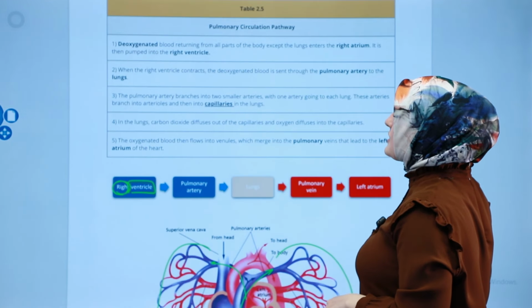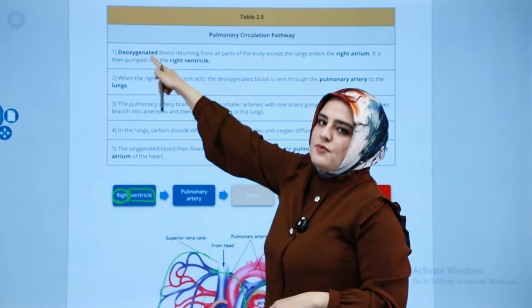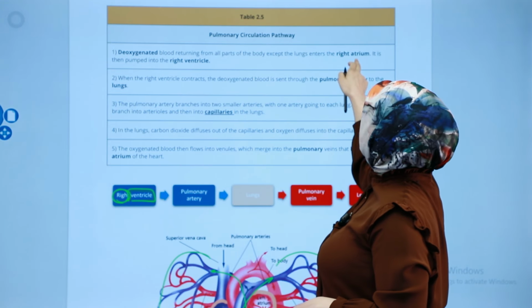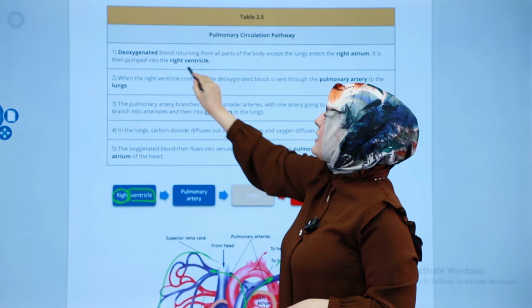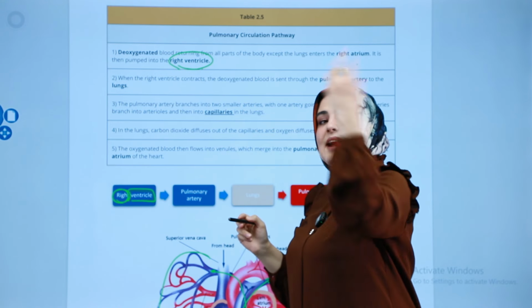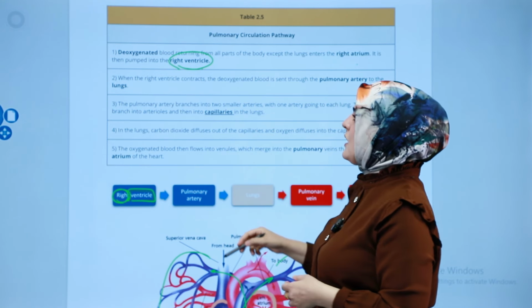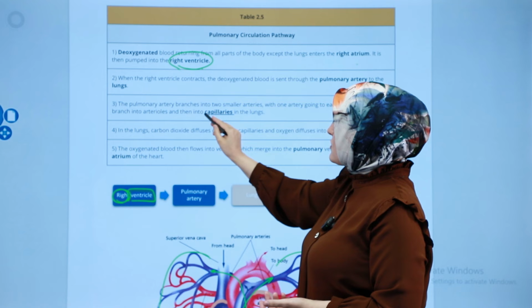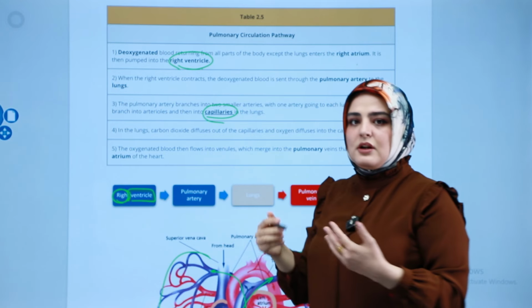And here it's written. See, it says we start off with deoxygenated blood that enters the right atrium and then enters the right ventricle, which is sending it out. That's why we start with this one. And then it goes to the lung through the pulmonary artery and the capillaries in the lung.